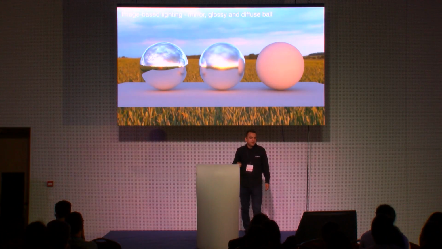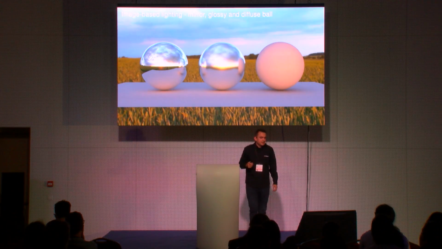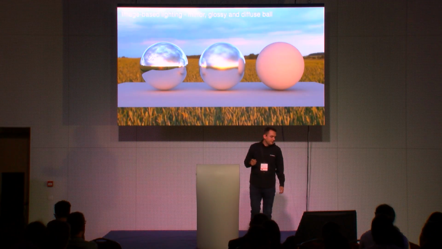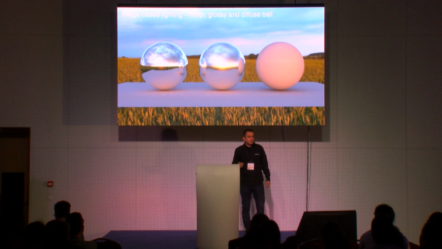So we have 3 balls here with different materials. The left one is a mirror material. The middle one is a glossy reflective material. And the right one is a pure white glossy material. One thing that I'm going to explain today is how different materials need different sampling strategies in order to be computed efficiently.